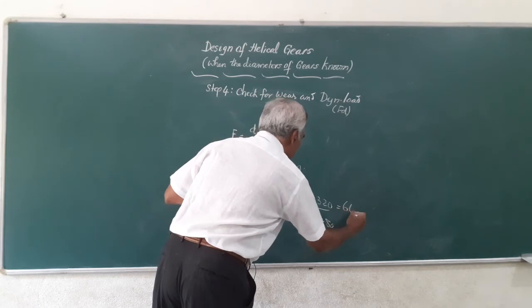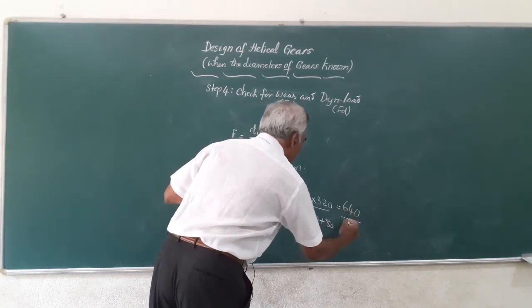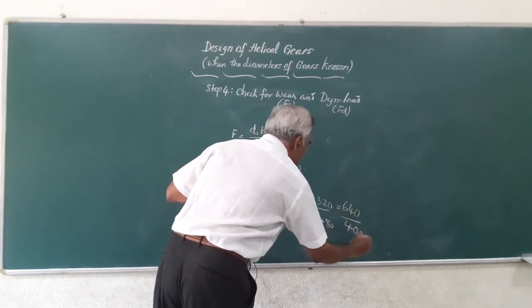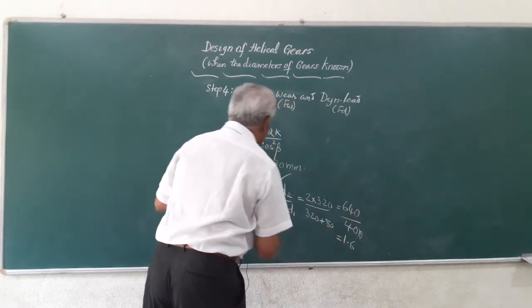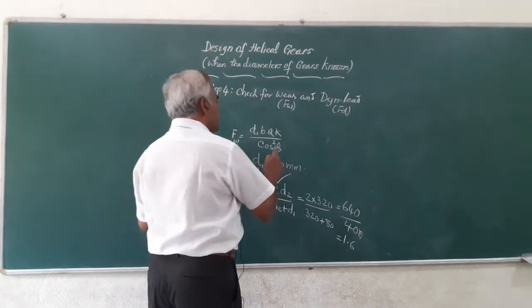This 640 divided by 400, this is going to be 1.6. So, we are getting this value of q as 1.6, beta we know.